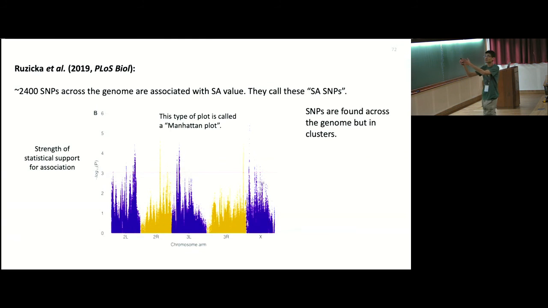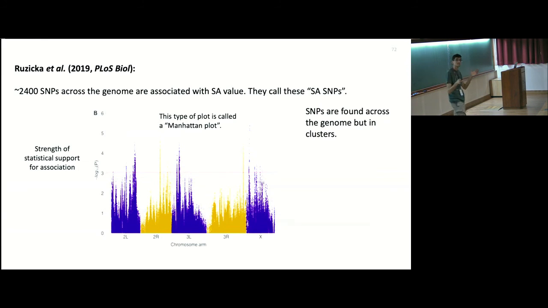But still, their hope is that this set of SNPs, compared to the whole genome's worth of SNPs, is enriched for things that are sexually antagonistic. Many of them may be false, but that set is enriched compared to the genome at large. That's the idea.